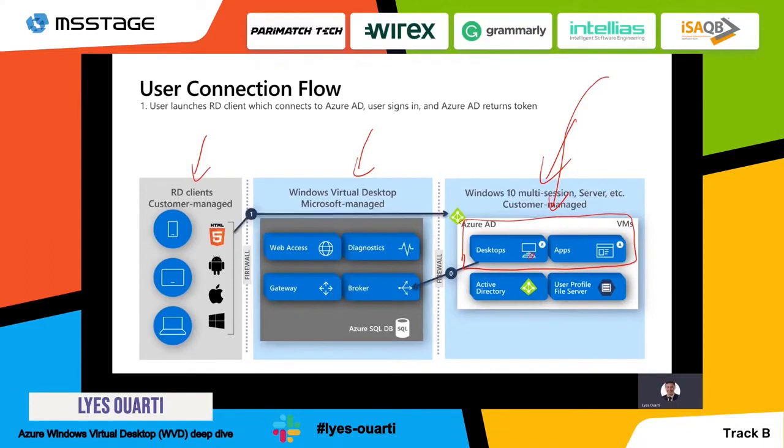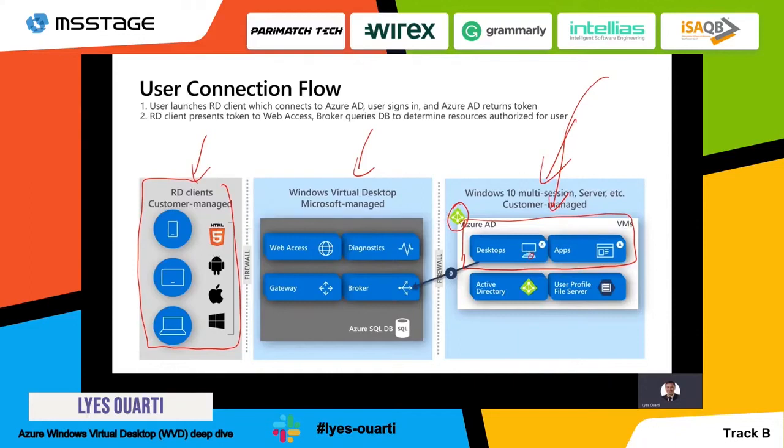Then, as I was mentioning, using your client, you request to authenticate against the Azure Active Directory tenant. And here, just to remind you, you can enable things like multi-factor authentication, conditional access, and all the good stuff that Azure Active Directory offers you.